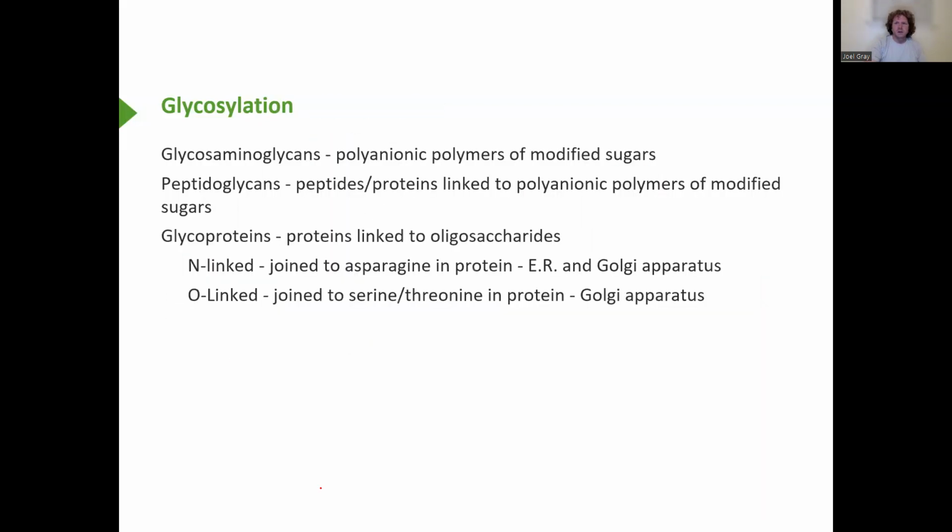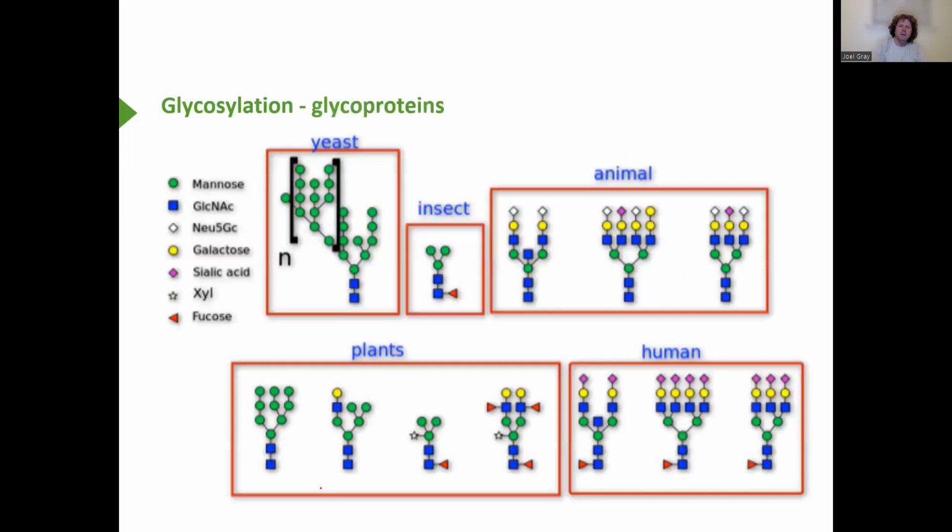Glycoproteins are proteins linked to oligosaccharides, and they fall into two different categories: N-linked or O-linked. N-linked glycoproteins are modifications to proteins on the amino acid asparagine, while O-linked are joined to the amino acid serine or threonine. Now, the significance of glycosylation is how cells differentiate.